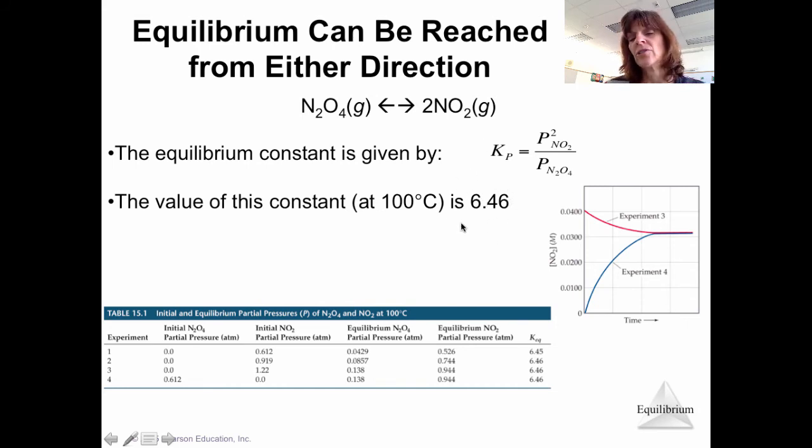Now we're going to just look at experiment 3 and 4, because experiment 3 starts with no dinitrogen tetroxide and forms NO2, and experiment 4 starts with no NO2 and makes the N2O4. And if you notice, the point of this slide is that no matter which direction you reach it at, it ends up being the same value, 6.46.